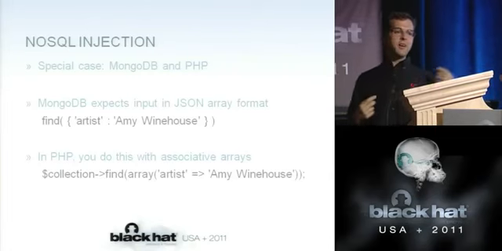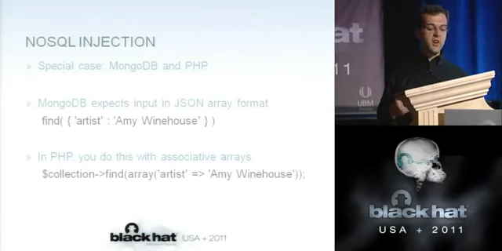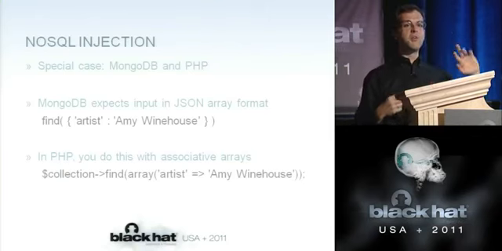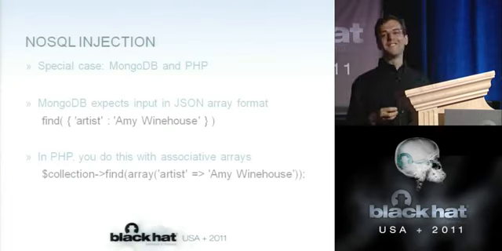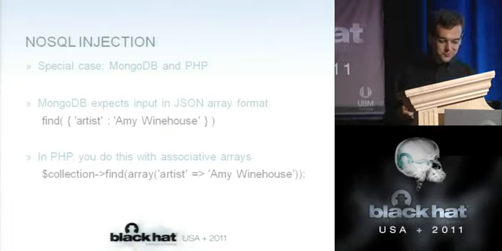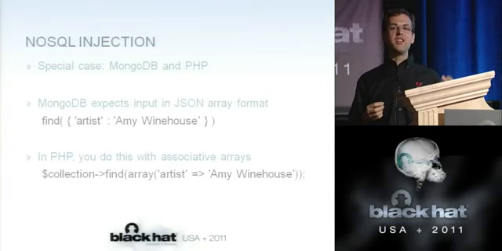MongoDB expects its input in a JSON array format. So if I've got a music database and I want to find all the albums where the artist is Amy Winehouse, I would say find artist Amy Winehouse. Sorry, was that too soon? Sorry. And the way you do it in PHP is you make an associative array.